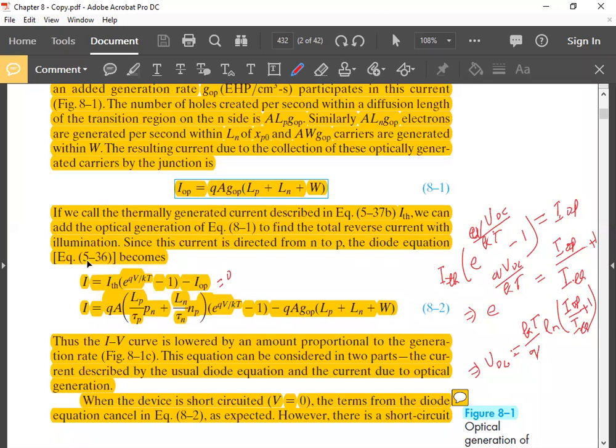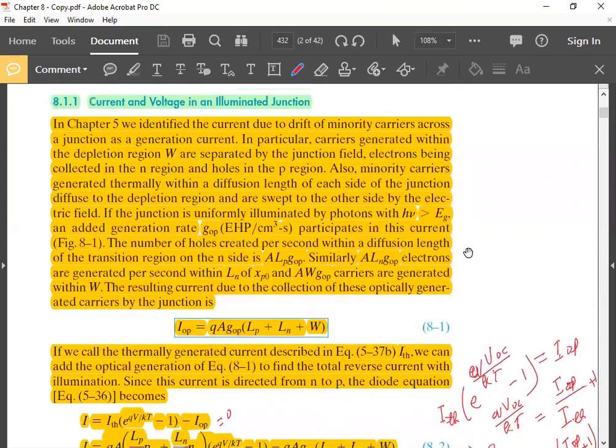The direction is from N to P. So P to N direction has been considered as positive, and positive on P side, negative on N side. That polarity of voltage V has been considered forward polarity of the voltage, right? So these things will be required actually.